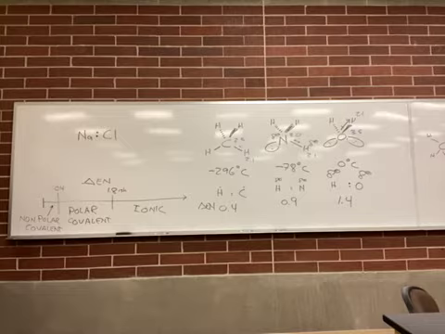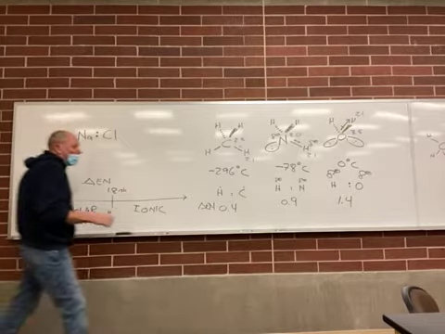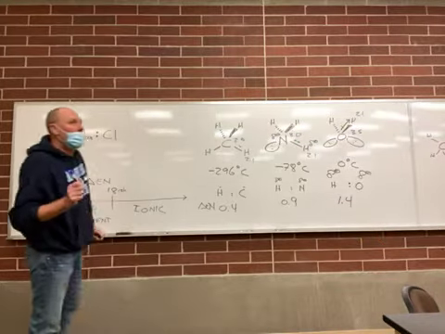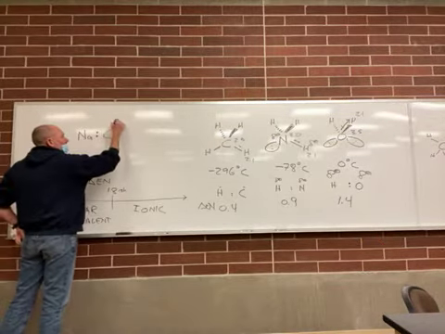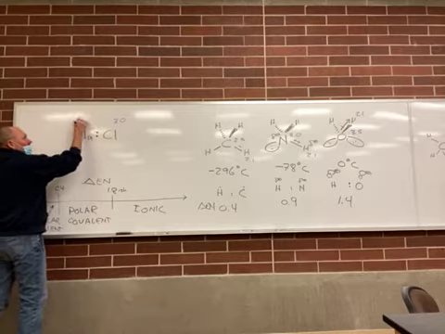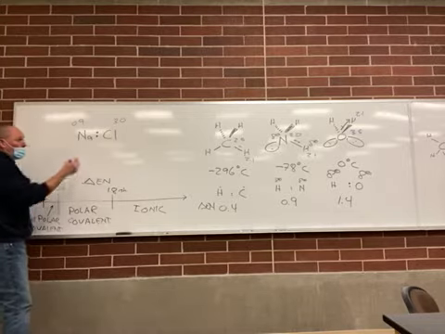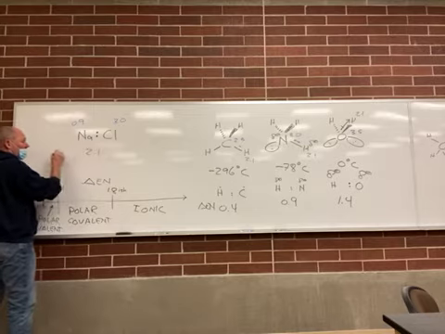Because we've memorized the first two rows of electronegativity values, I know that chlorine is my B student, and I know that sodium is 0.9, so what's my delta EN for sodium chloride? That's kind of cool. 2.1 is my delta EN.